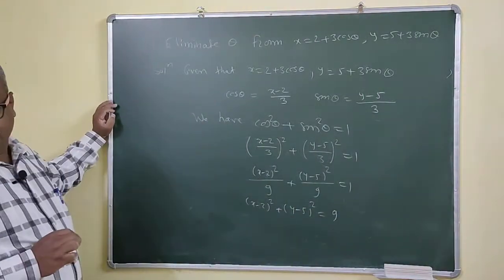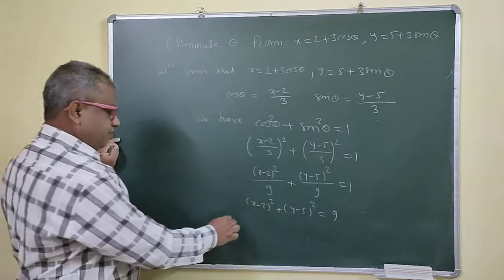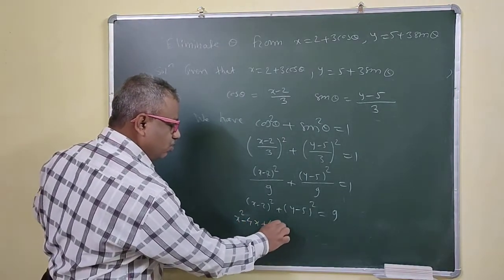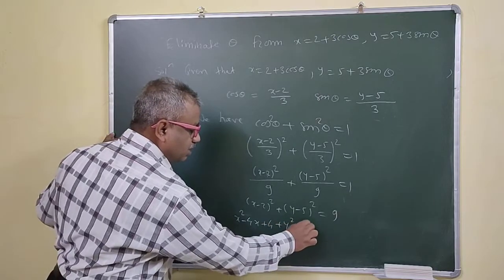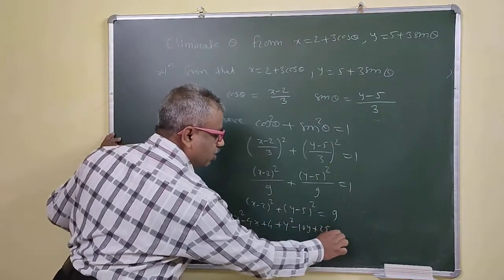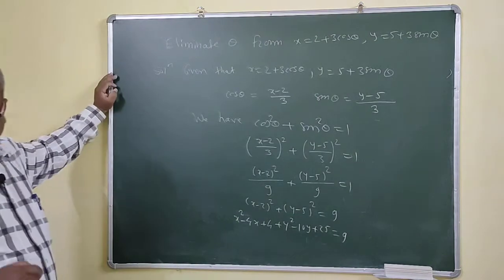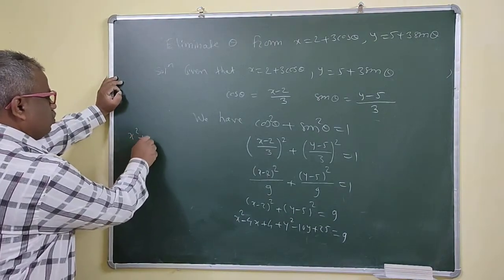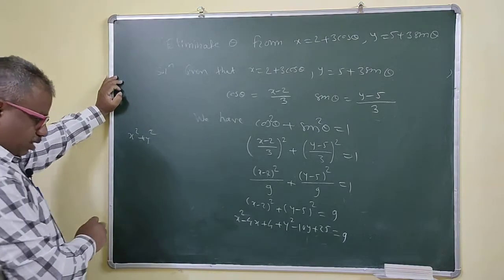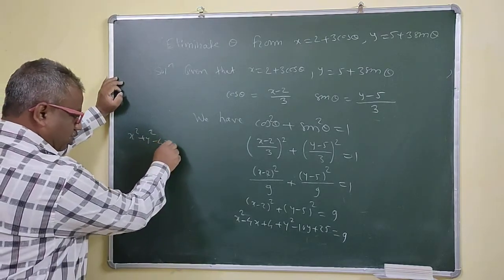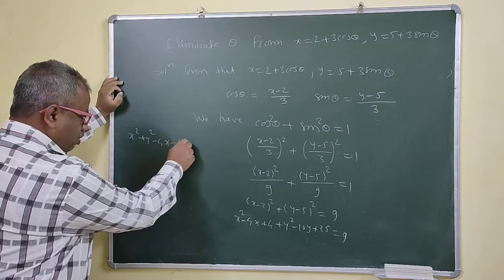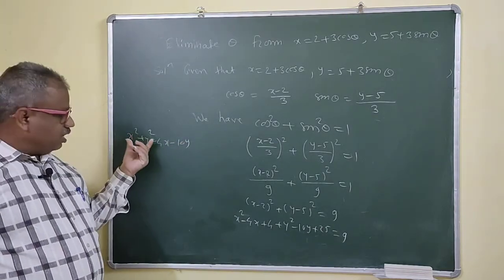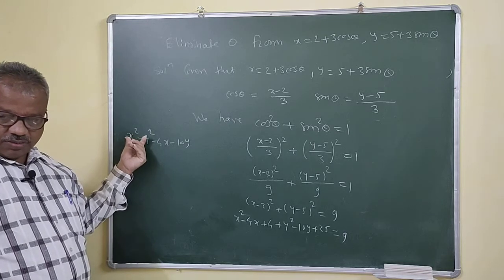This is 9. Right? Then expand this. So this is x square minus 4x plus 4 plus y square minus 10y plus 25 is equal to 9. Right? Then write x square plus y square first, the 2 degree terms, then xy.